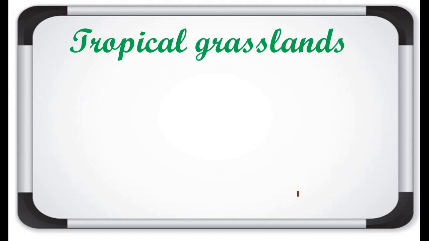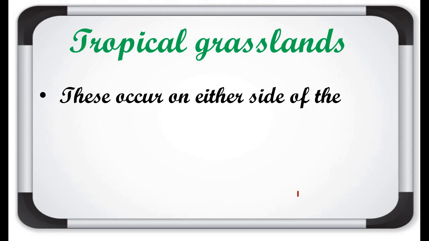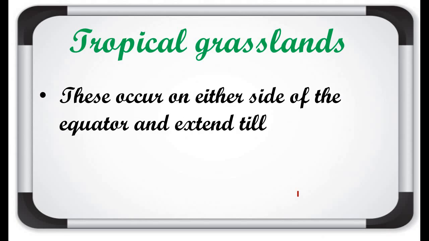Actually, these are the regions of tall grass on the outskirts of the equatorial belt, where the rainfall decreases gradually as one moves away from the equator. In short, they are found on either side of the equator and extend till the tropics.